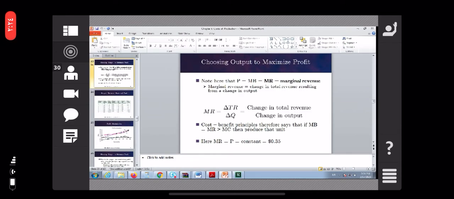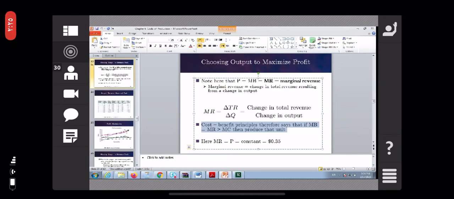If the marginal benefits equal the marginal cost or the marginal revenue, then I have to go on and continue. The cost benefit principle says that if the marginal benefit, equal to the marginal revenue, is larger than the marginal cost, then I have to produce the units. I have to go on.